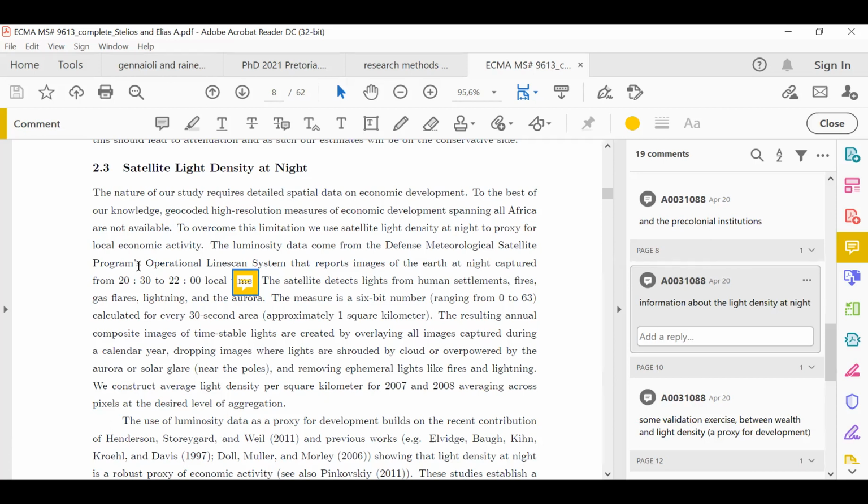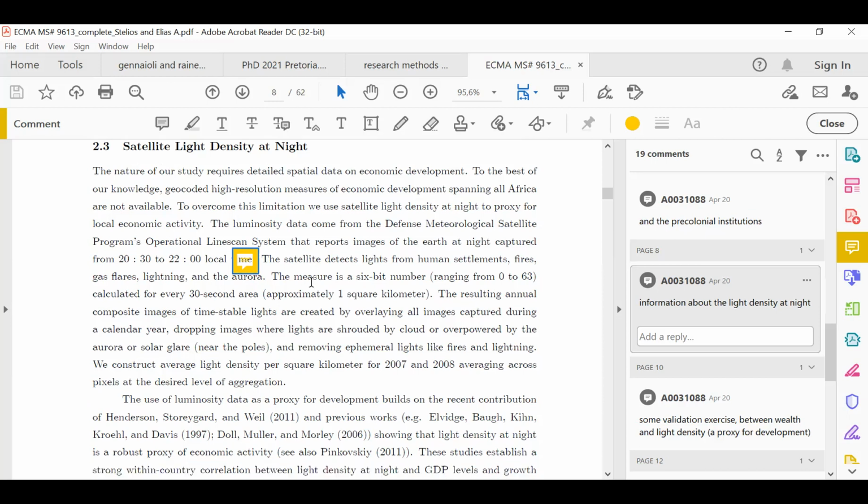Okay, and we know that some areas of the United States are very illuminated, and other areas less so, and so on and so forth. We know that what used to be West Germany is still much more illuminated than what used to be Eastern Germany, which is again not only a proxy for development, but also a proxy for quality of institutions in different countries or within different countries.